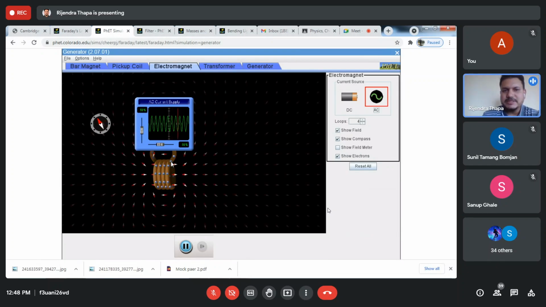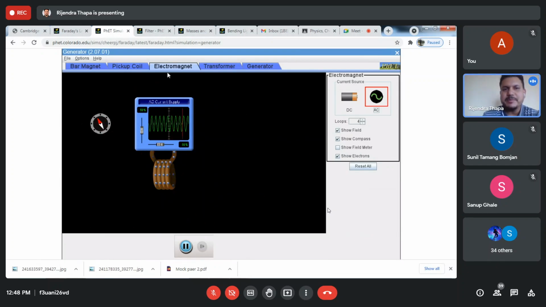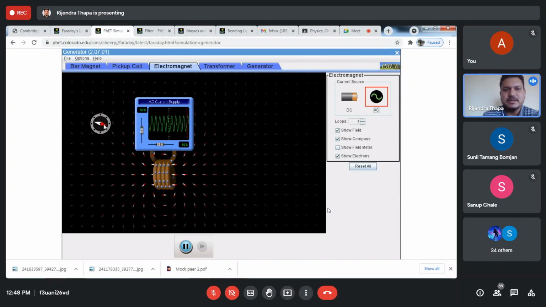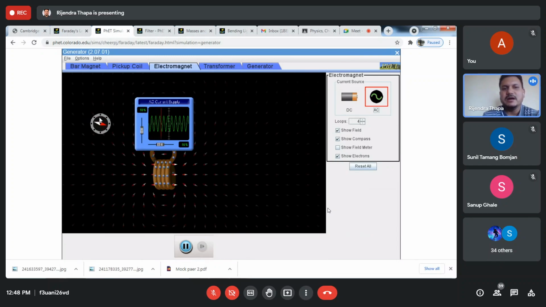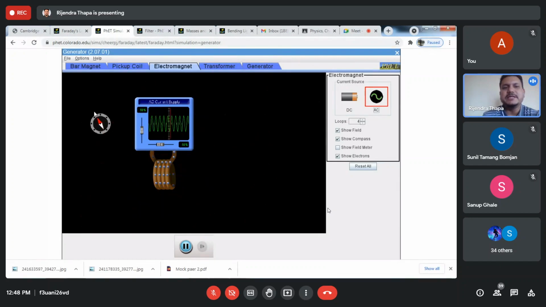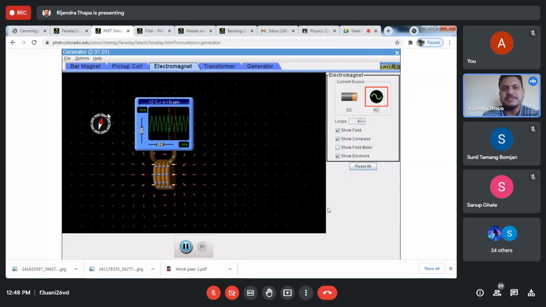As the charged particles are vibrating, see here, this is the magnetic field created. See this compass? This compass is being deflected. That means this compass senses that in this region there is a magnetic property, or this region is where the magnetic field is observed.